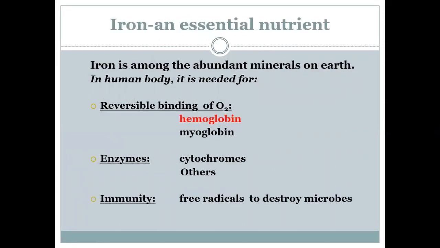So we come to have a few notes about iron, and I believe that you have been given this information in biochemistry. Iron is among the abundant minerals on Earth, and in the human body it is needed for the following: for reversible binding of oxygen, and the iron which is present in hemoglobin serves this purpose.